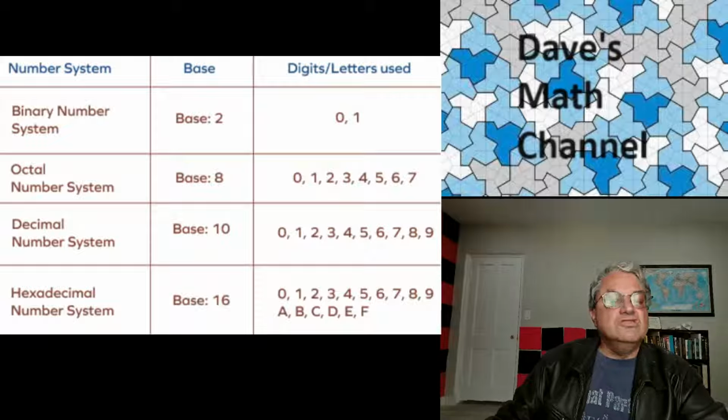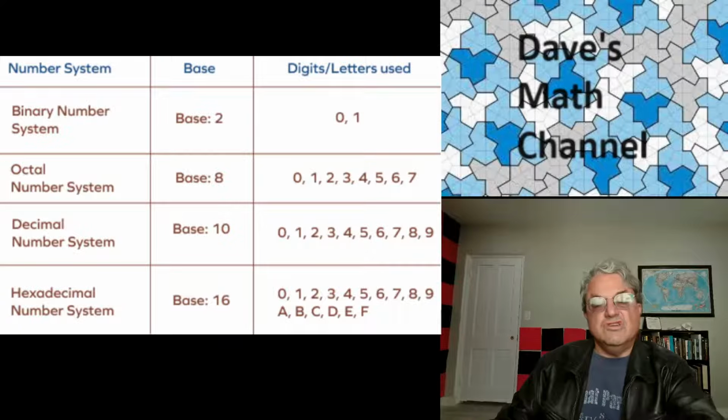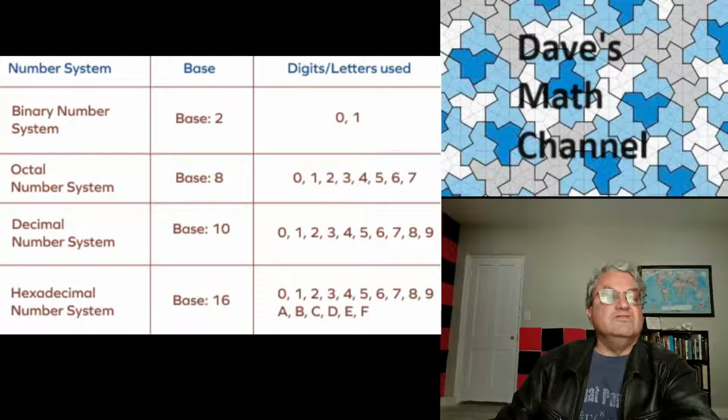Octal just uses the digits 0 through 7. You stop at 7, which is 8 minus 1. Hexadecimal, you actually have to add 6 new digits, A through F, after 9, because it requires 16 different digits. So A represents 10, B 11, C 12, D 13, E 14, and F 15. We stop at 15, which is 16 minus 1, but we need new symbols for those numbers because they have to have a single symbol.